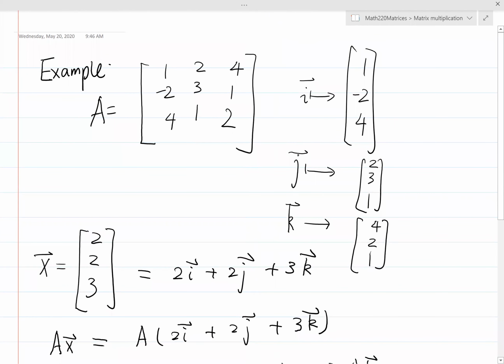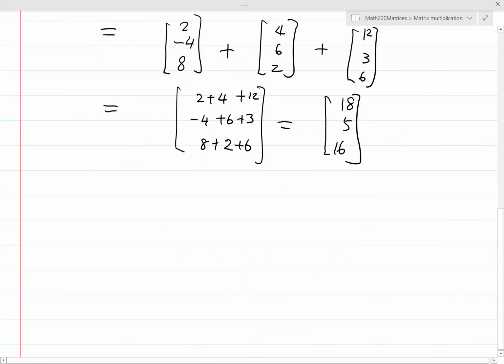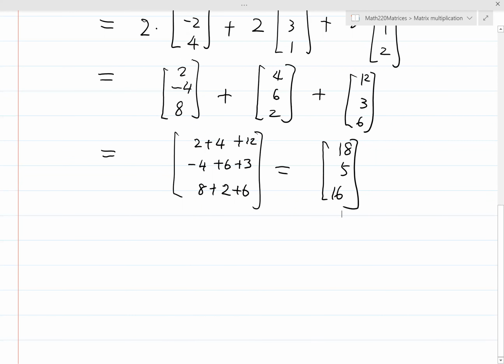Now we can also use dot product. What we just did was use linear combination of columns. We can also work it out by row operation. Now row operation says the following.